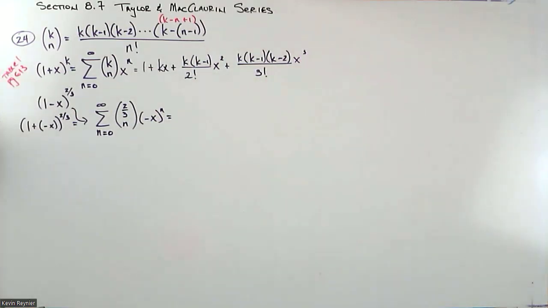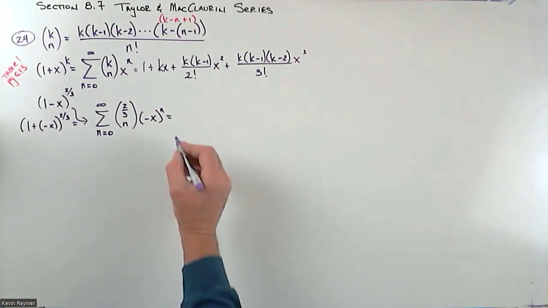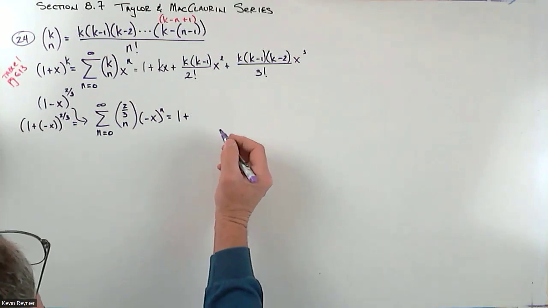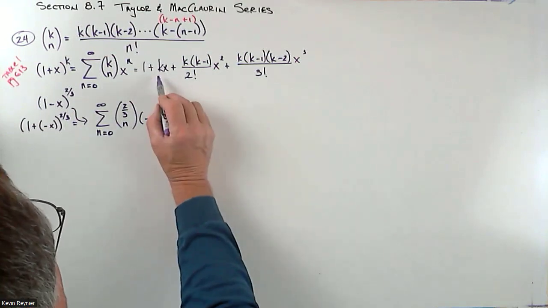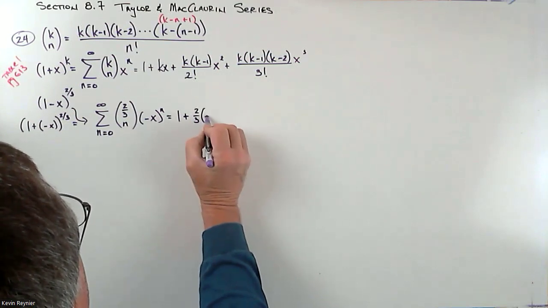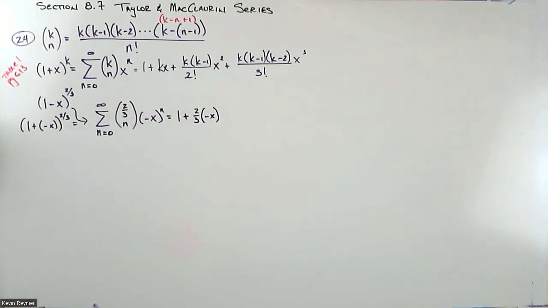So we're just going to write ours down. Ours is going to be 1 plus 2/3, that's our k, times our x. Our x is negative x though, isn't it? So we're going to put negative x in there.